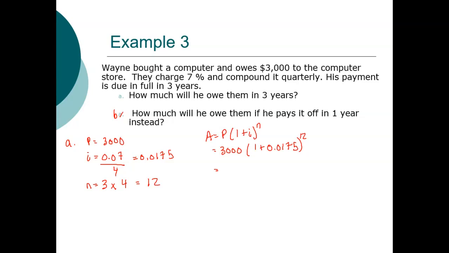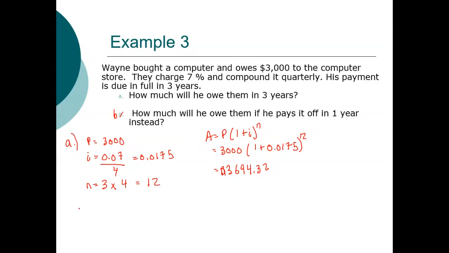We get 1.0175 to the power of 12 times 3,000. That gives me 3,694. So $3,694.32 is the amount that he will owe them in 3 years.